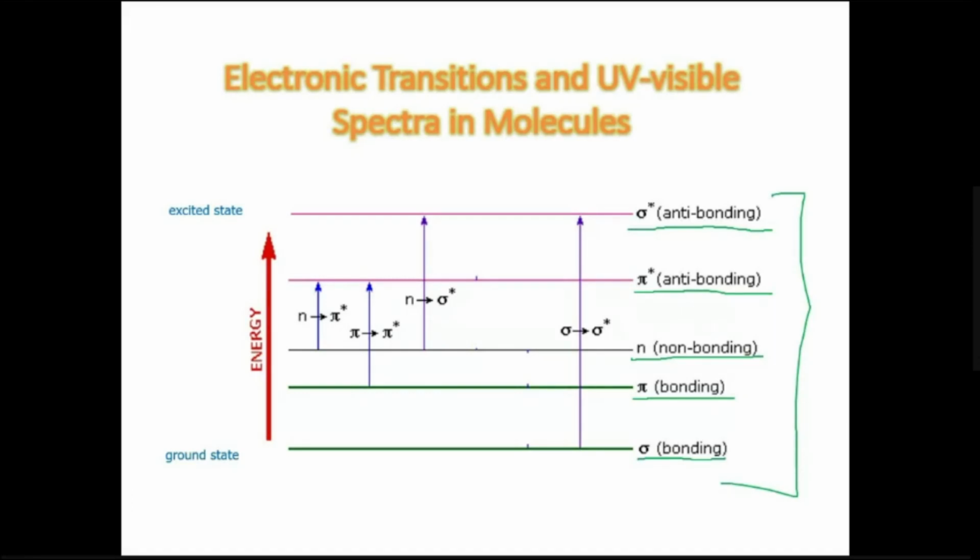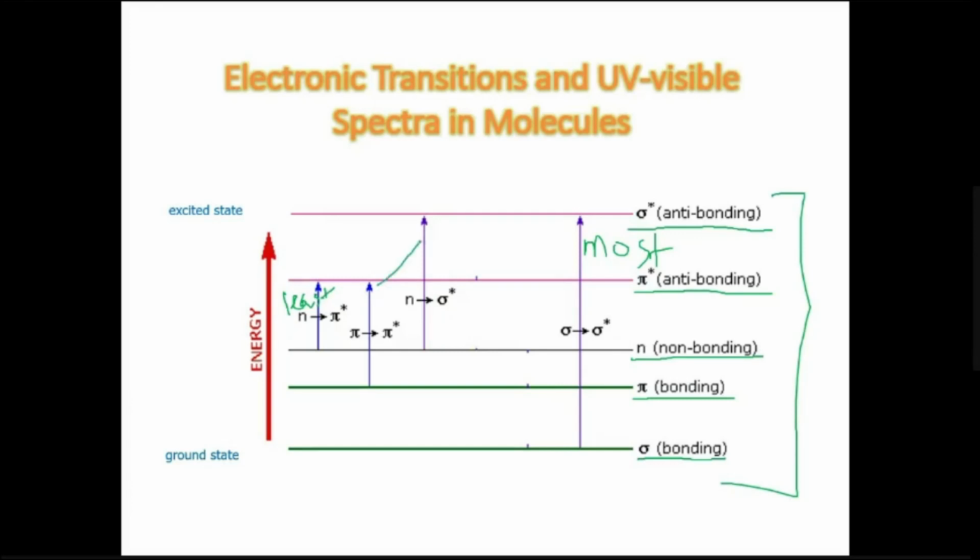What is immediately next to sigma to sigma star? n to pi star is least. Okay, now we know what is least and what is most. Out of n to sigma star and pi to pi star, which one has less energy? We have established that this is associated with most energy and this is associated with least energy.